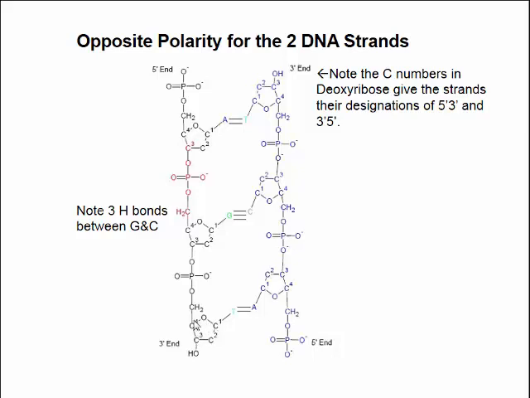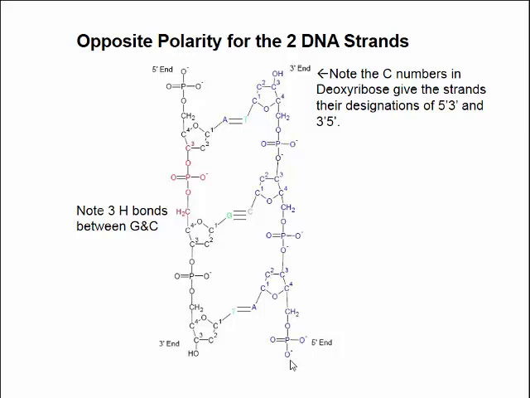The 5' carbon of this pentose sits right here attached to the phosphate group. That phosphate attaches to the 3' carbon of the next pentose molecule. Here's its 5' carbon. Here is the phosphate group that runs between that 5' carbon and the 3' carbon of the next pentose. So it's 3' at this end and 5' at this end.